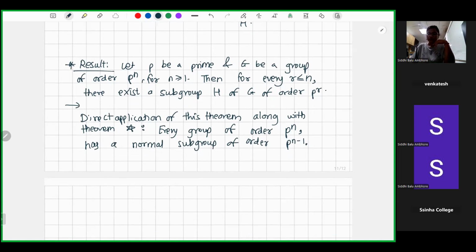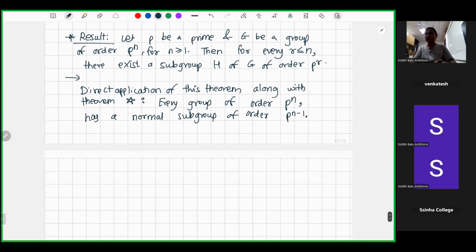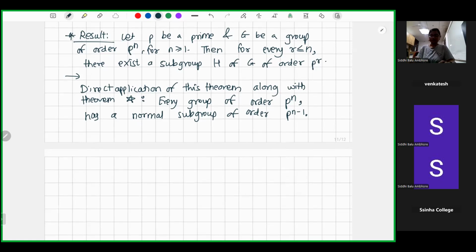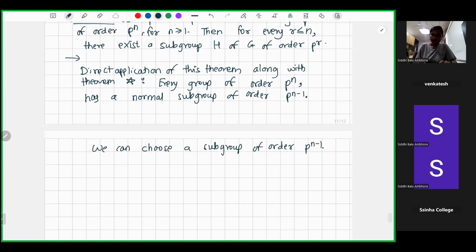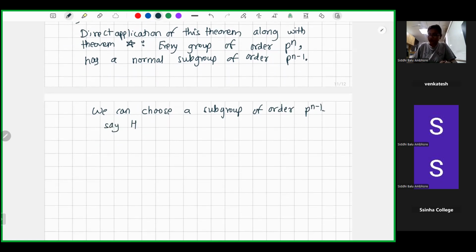Because from this statement, for every r less than or equal to n, I have a subgroup H of order p power r. And the moment I have that, we can choose a subgroup, say H, of order p power n minus 1. Then the index of this H will be p power n divided by p power n minus 1, which is p.